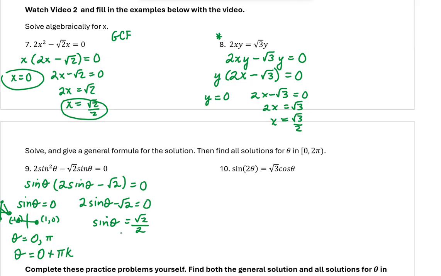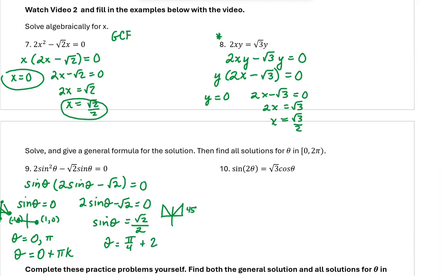For the other one, root 2 over 2, that's sounding very familiar for a reference for sine. Again, in sine, I'm going to be in quad 1 and 2 for positive sine. So that looks like 45 degrees, right? Root 2 over 2. So the reference is 45 degrees or pi over 4. So I've got theta is equal to pi over 4.